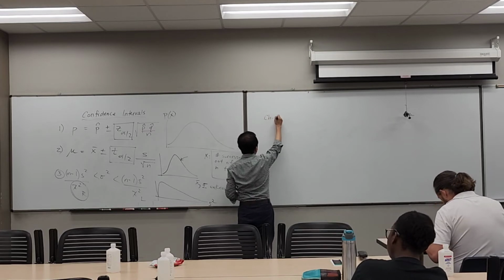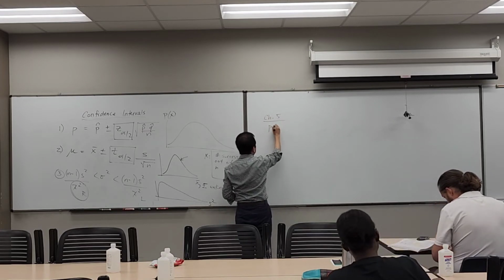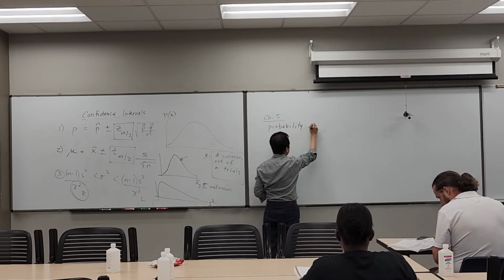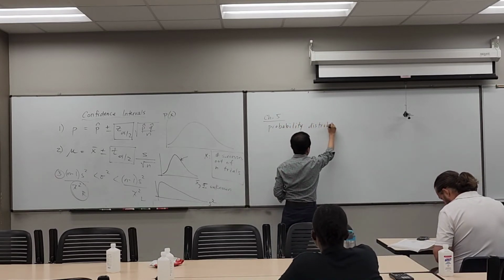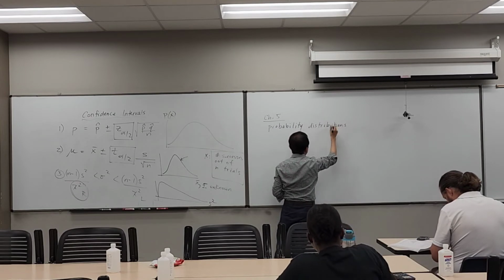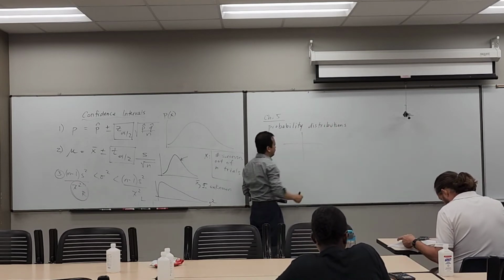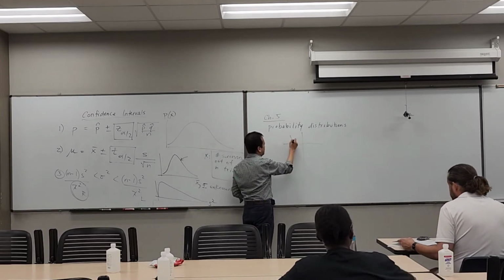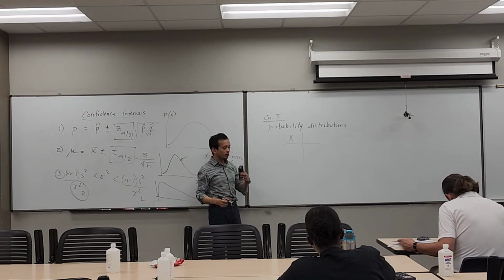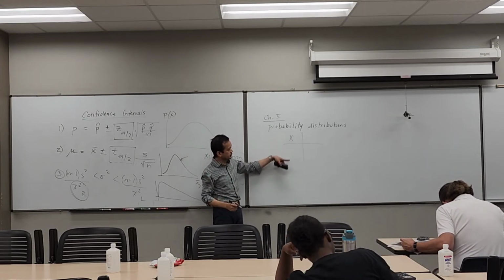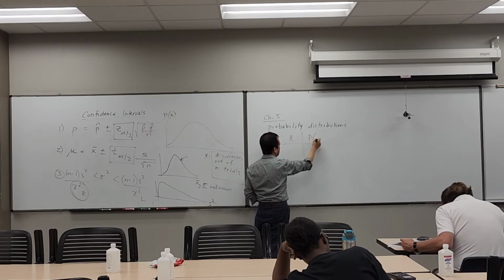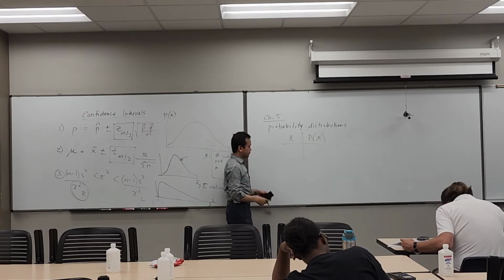So chapter 5, we talked about probability distributions. One way to represent a probability distribution is just a table of two columns. One column is all the values for your particular variable, and the second column is all the probabilities of all the values that your variable could take.